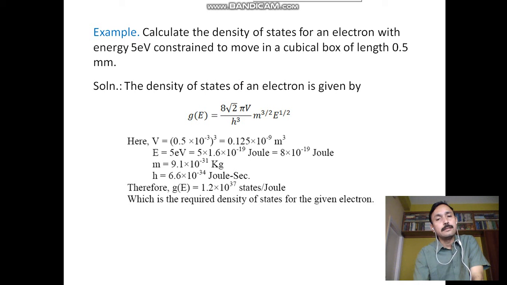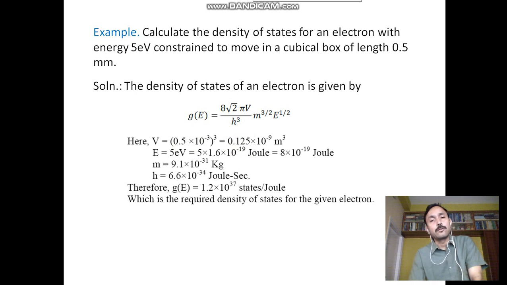First value is pi, known to us, 3.14. V is the volume of the cubical box. Here it is 0.5 millimeter, (0.5) cube into millimeter cube. So we have to convert millimeter to meter, so 10 to the power minus 3 whole cube. So this becomes 10 to the power minus 9. 0.5, its cube is 0.125.